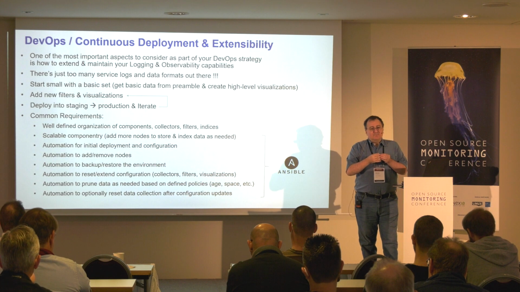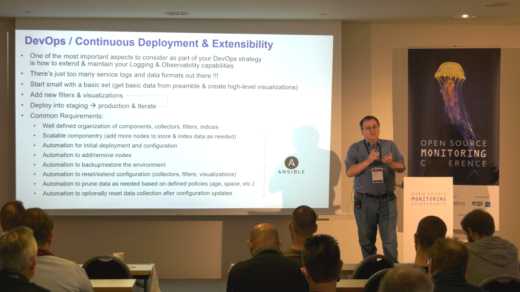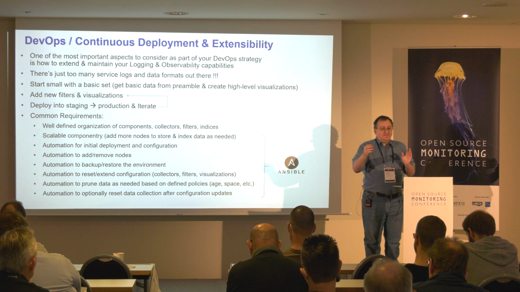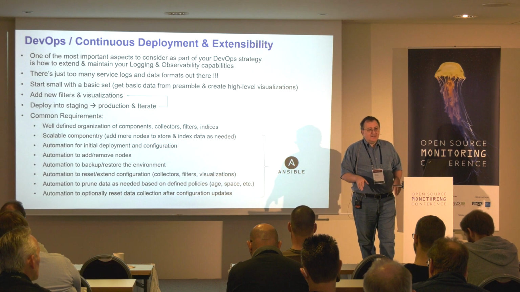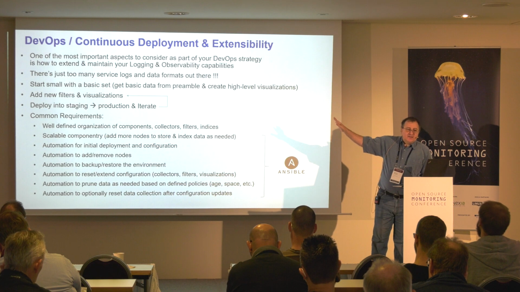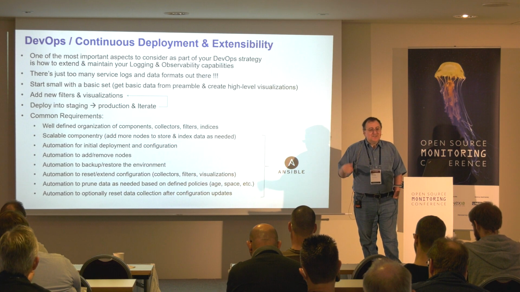For example, in the OpenStack case, most of the log entries have this preamble data with process ID, request ID, module ID. So you have a few things that most of the logs have, and you want to do this first before you start sitting with your ops guys and creating dashboards.